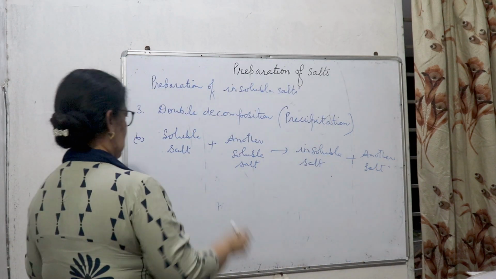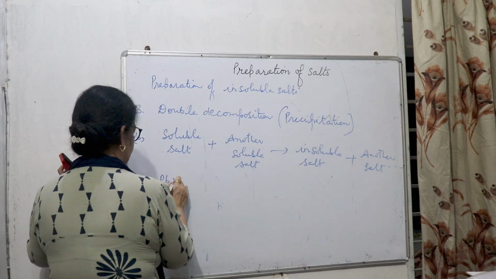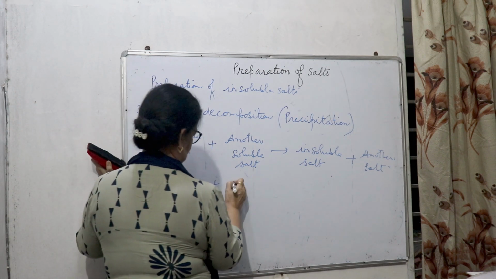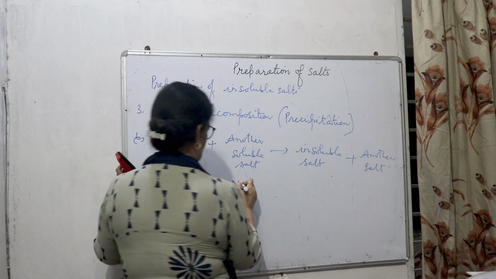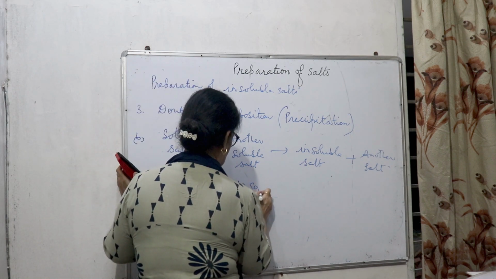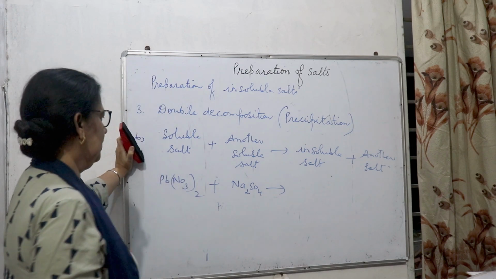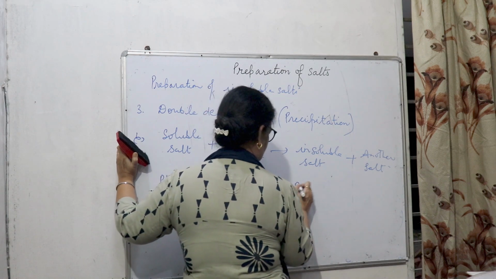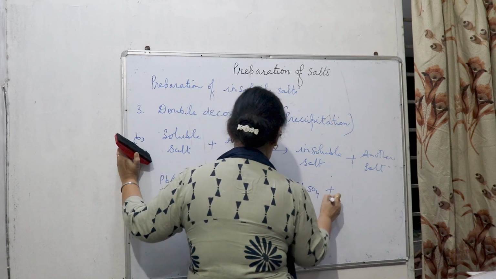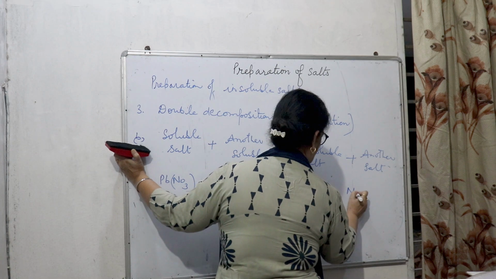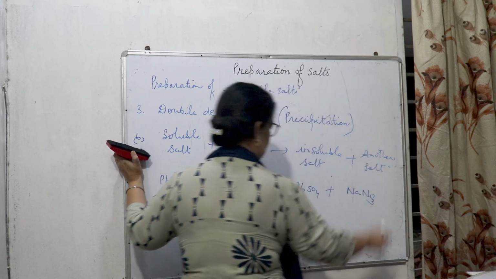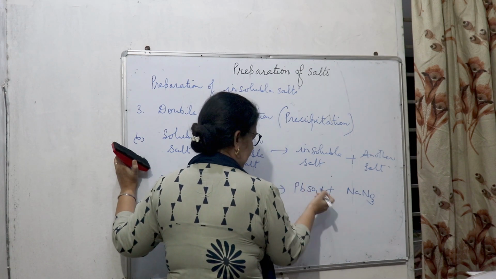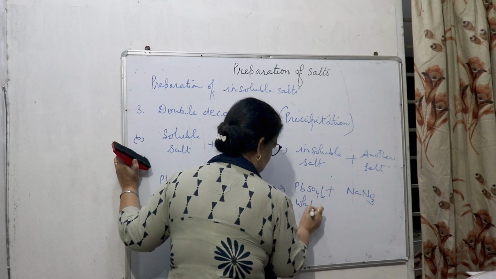How? Lead nitrate plus sodium sulfate gives lead sulfate, this is insoluble salt, plus NaNO3, another soluble salt. Here the insoluble salt prepared, that is lead sulfate, has a white PPT.